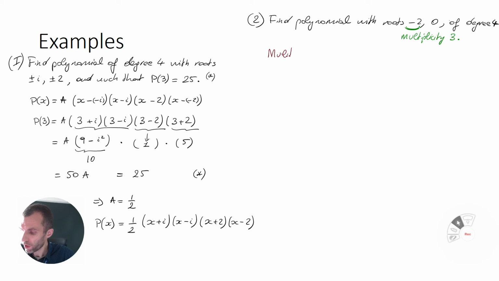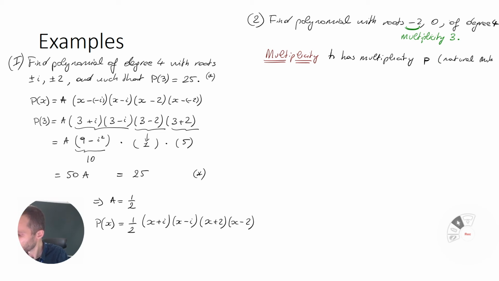So what is the multiplicity of a root? h has multiplicity p, where p is a natural number, if we can write the polynomial f of x as x minus h to the power p times another polynomial.